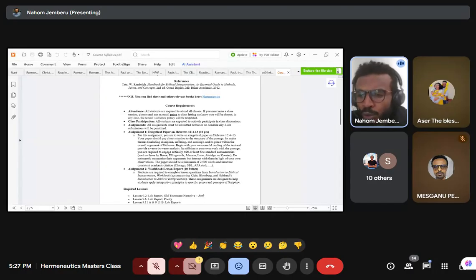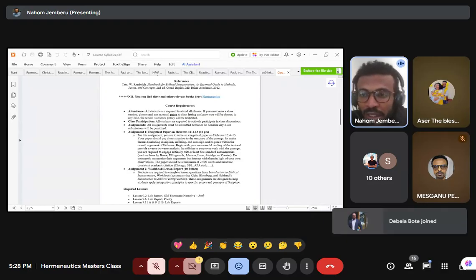We will talk about the importance of the text, and we'll talk about the text-centered approach today. And next week, I plan to talk about reader-centered approaches. And after that, we will talk about exegesis by integrating these 3 major approaches.